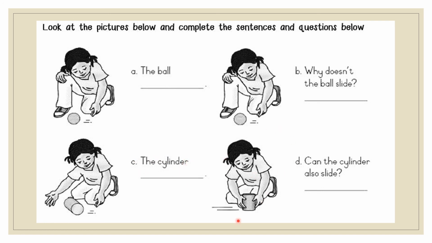And if we look at the last picture, D, can the cylinder also slide? Now, learners, you are going to answer that question on your own. This brings us to the end of our mathematics lesson.